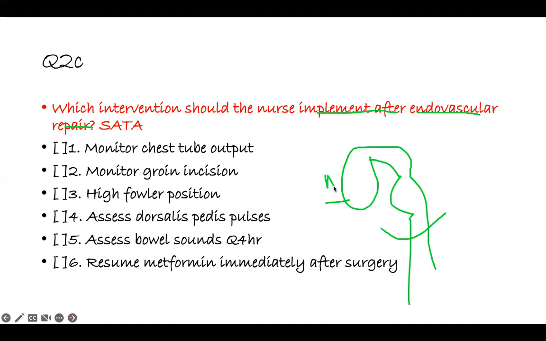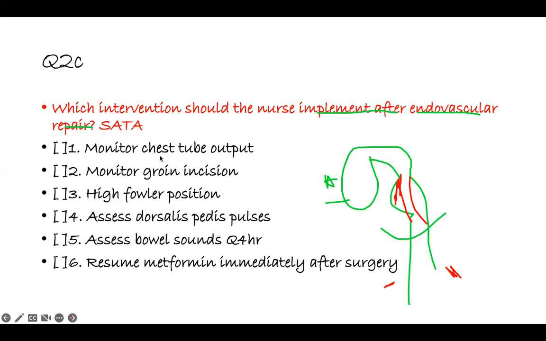We can repair both thoracic and abdominal aneurysms with the endovascular approach. We put a stent here like that, and we fix it. Usually you go through the groin. There is no incision in the chest and no incision in the abdomen. So what should you implement after this procedure?